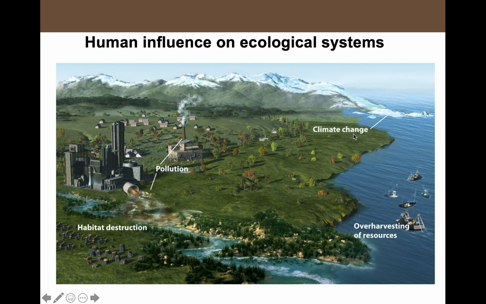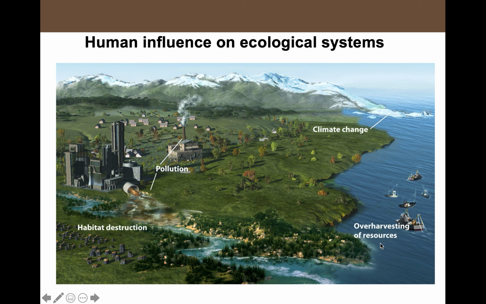Climate change, we're going to talk about this semester, but one effect that humans are having from fossil fuel combustion is the emission of a lot of greenhouse gases, which are subsequently melting Antarctic ice at unprecedented rates. And as that happens, sea level is rising, and we're losing a lot of Arctic species.